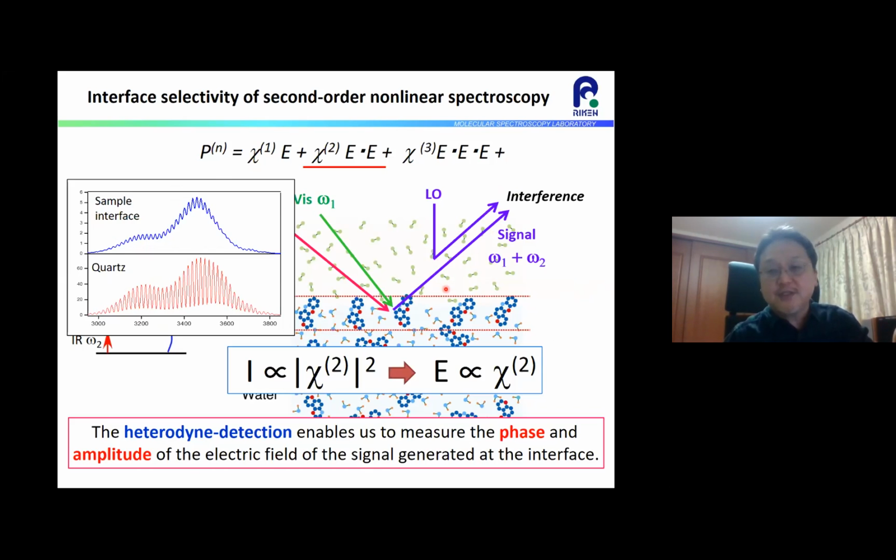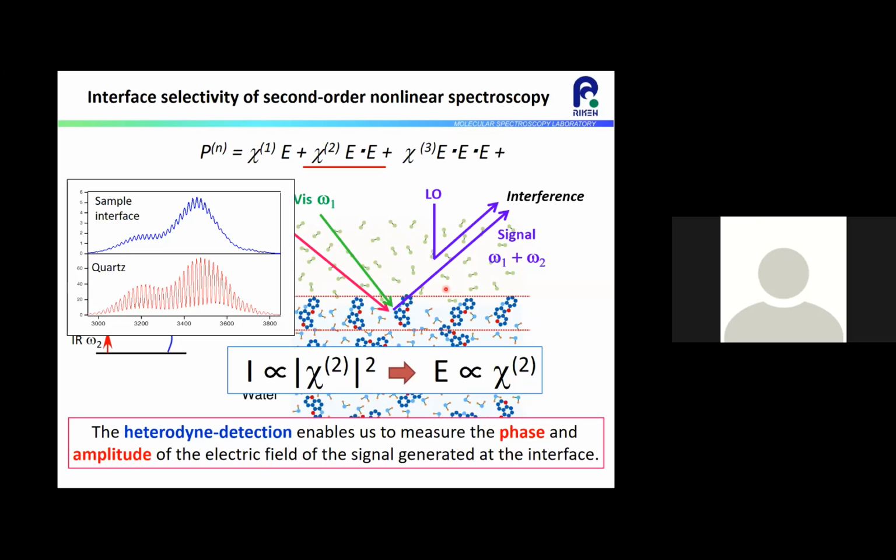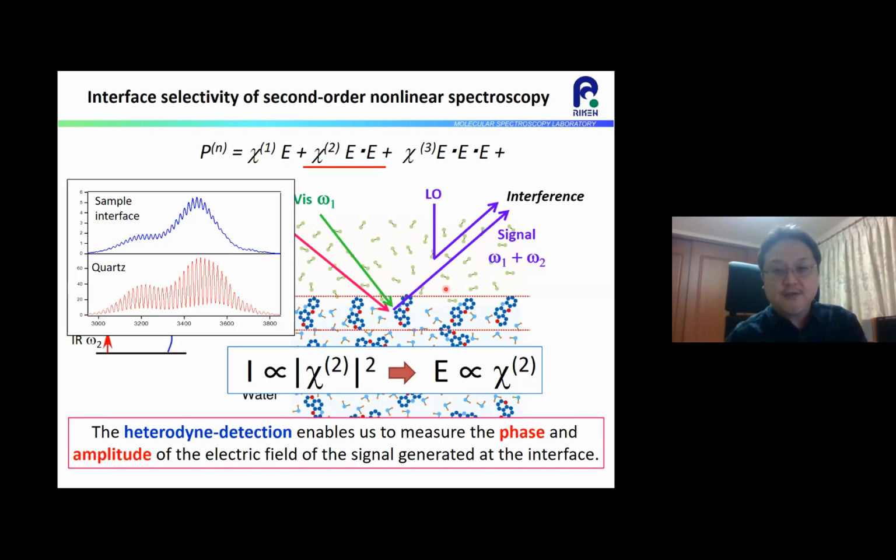The phase of this fringe provides information about the phase of the electric field of the signal, and the amplitude provides information about its amplitude. In this way, we obtain the imaginary chi2 spectrum itself.